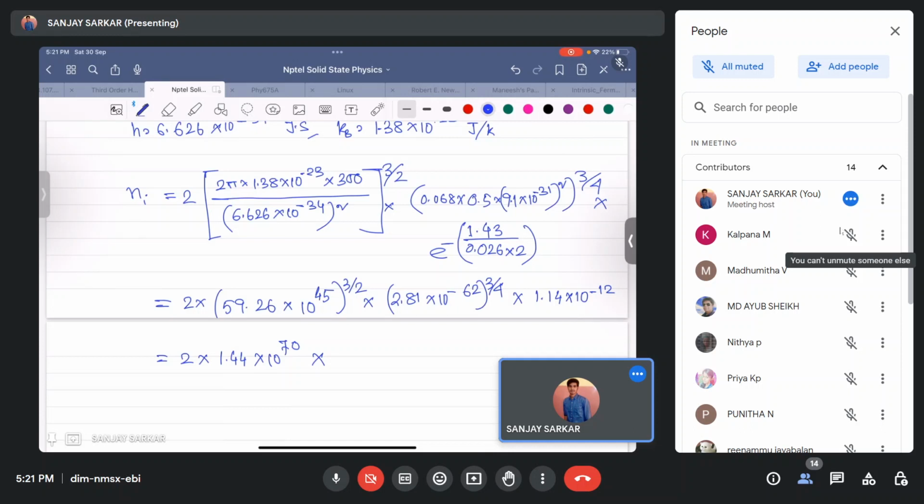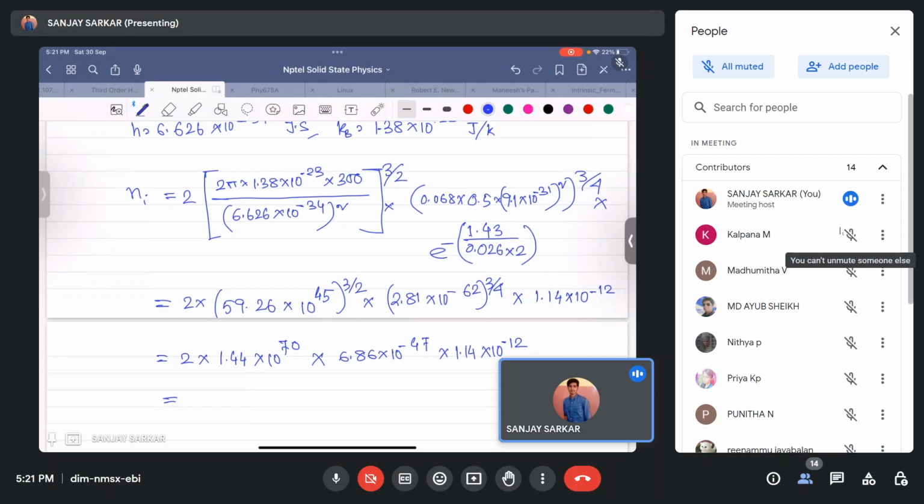So this is 6.86 into 10 to the power minus 47 into 1.14 into 10 to the power minus 12.